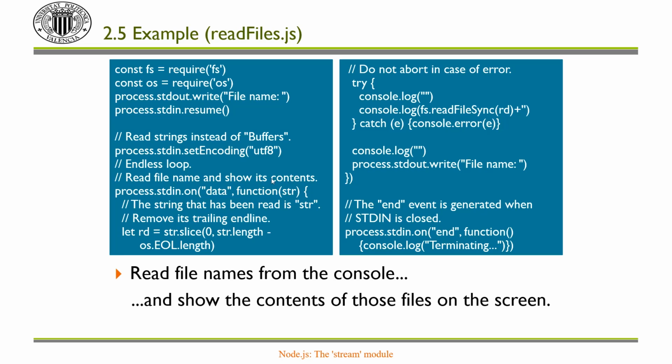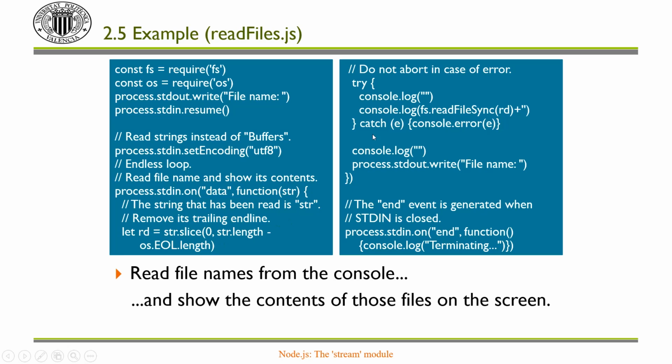Well, those lines of text are received in this listener for the data event, and they are passed as the argument for that listener. In those lines, we simply discard what's the end of line sequence of characters. And we get in RD the line without this trailing end line.